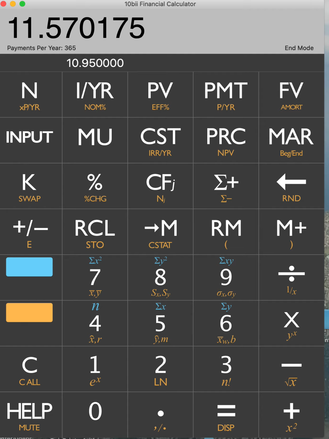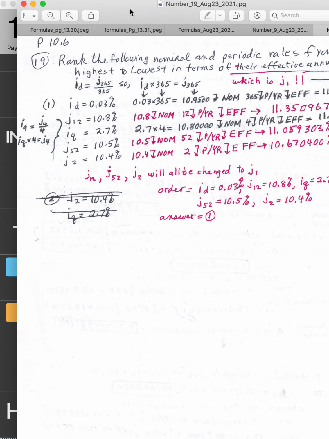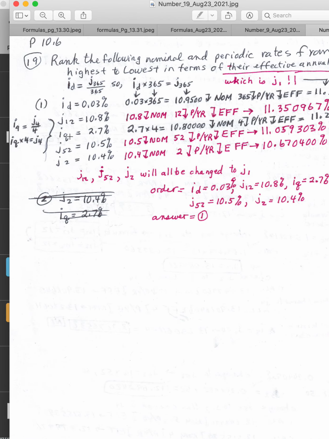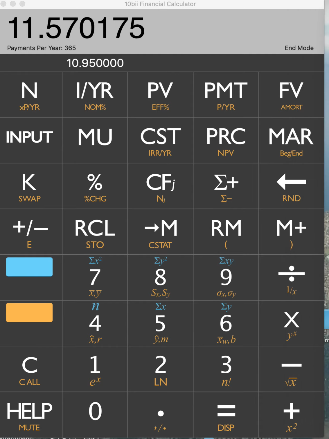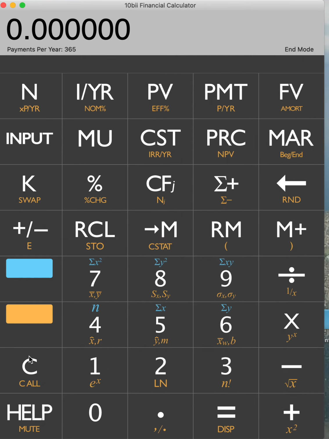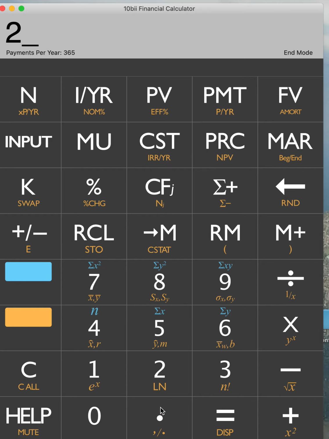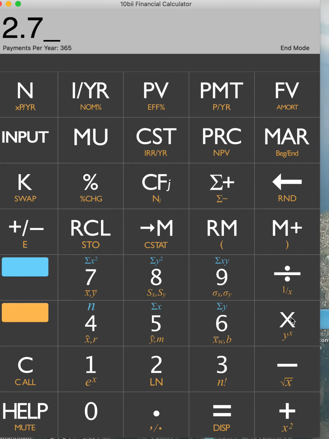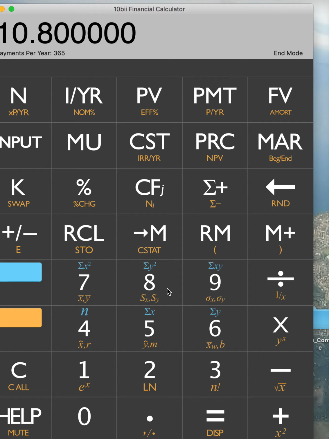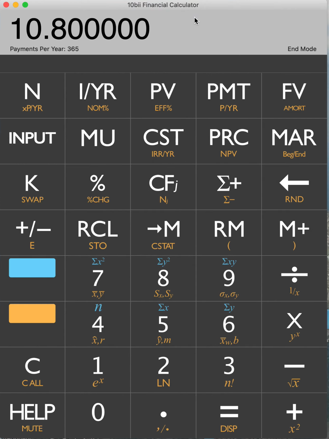Now I'm going to switch down to this one that's also an I. Now quarter means you're going to multiply it by 4 and work it from there. Okay, so let's clear all. Take 2.7, multiply it by 4, and that gives me 10.8, and that's what I'm going to put into nom.